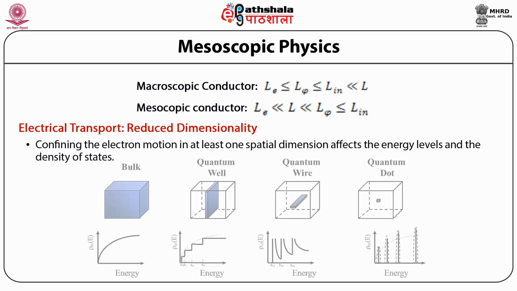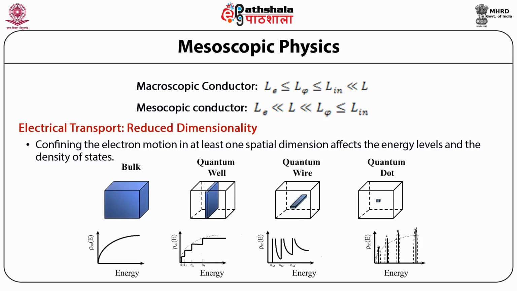So if we have a bulk, then the density of states varies continuously with the energy. For a quantum well, it shows a step-like behavior. For a quantum wire, it is both discrete and continuous. But for a quantum dot, it is like a delta function.